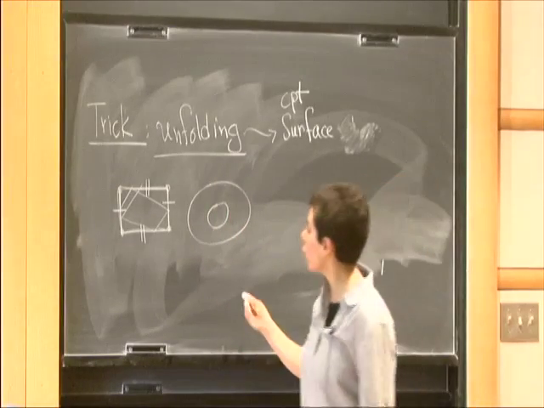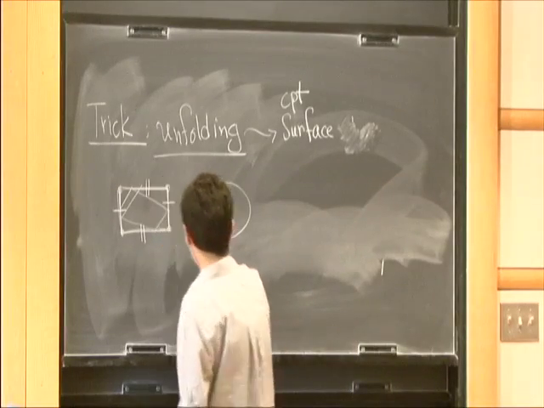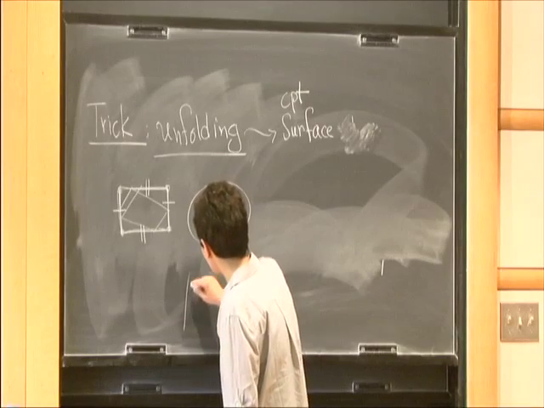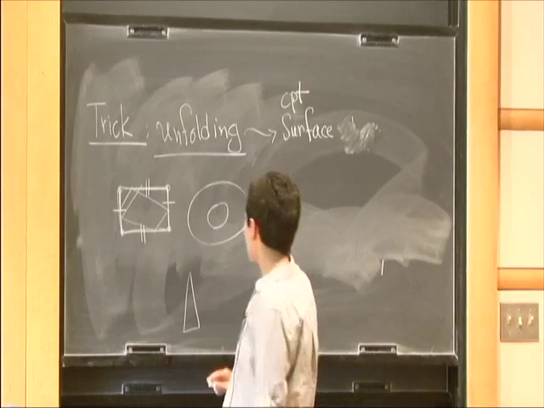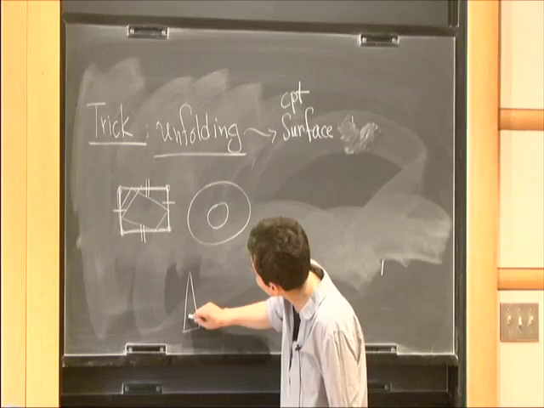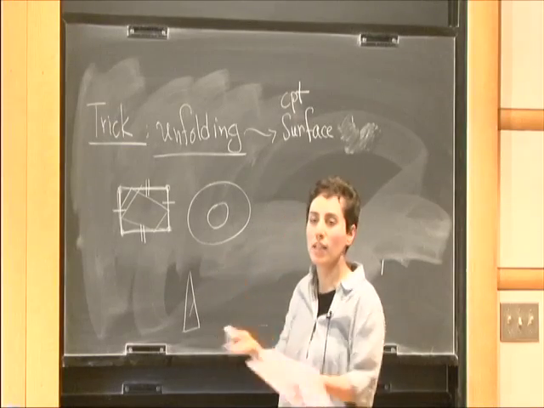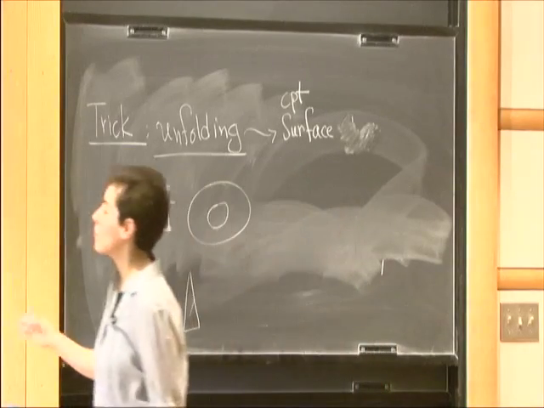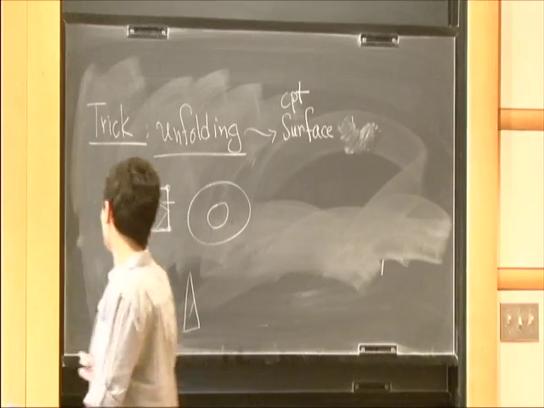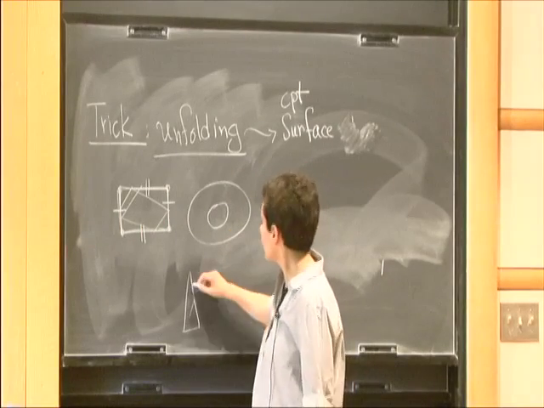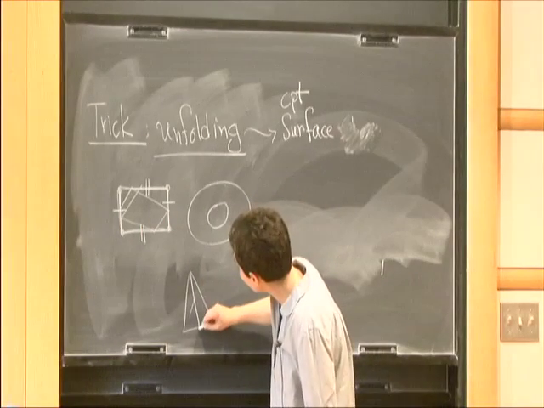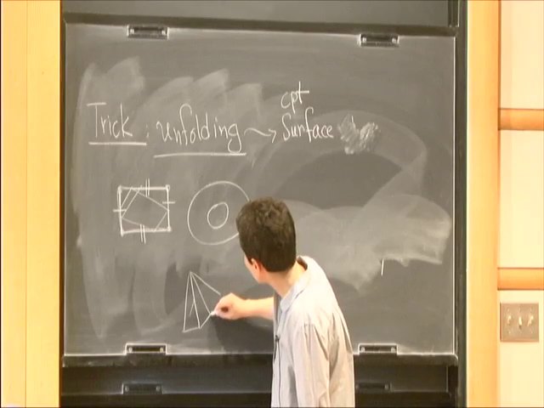If you have more complicated things, maybe a triangle, each time you hit one edge, there's a simple argument that I'm not going to go through, but basically you can do the reflections along the edges.